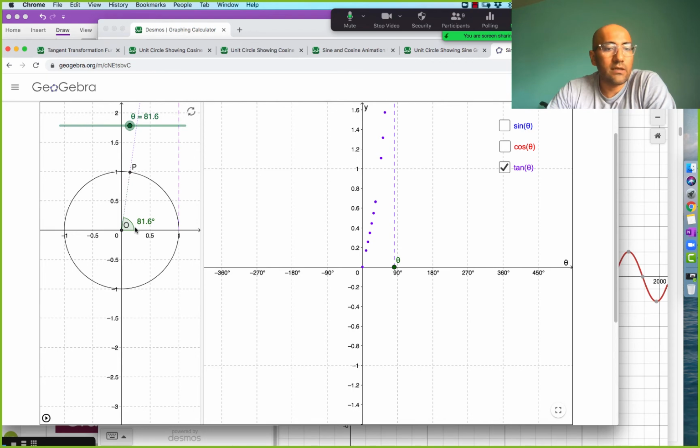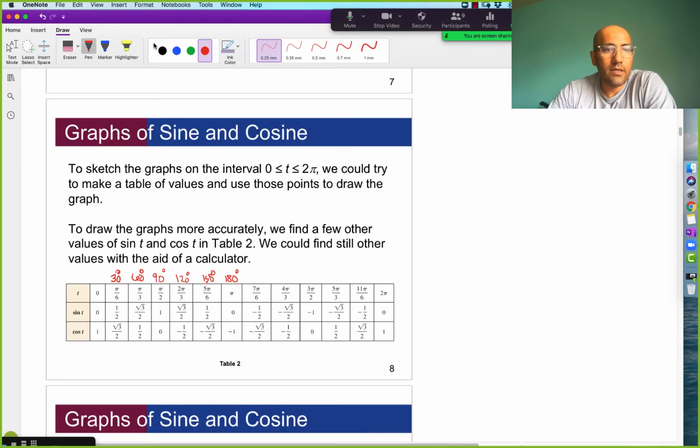The numerator is going to get closer and closer to 1, whereas the denominator gets really, really close to 0. So when it gets really close to 0, the output of the fraction becomes infinitely large. Did that make sense? Any questions about that?